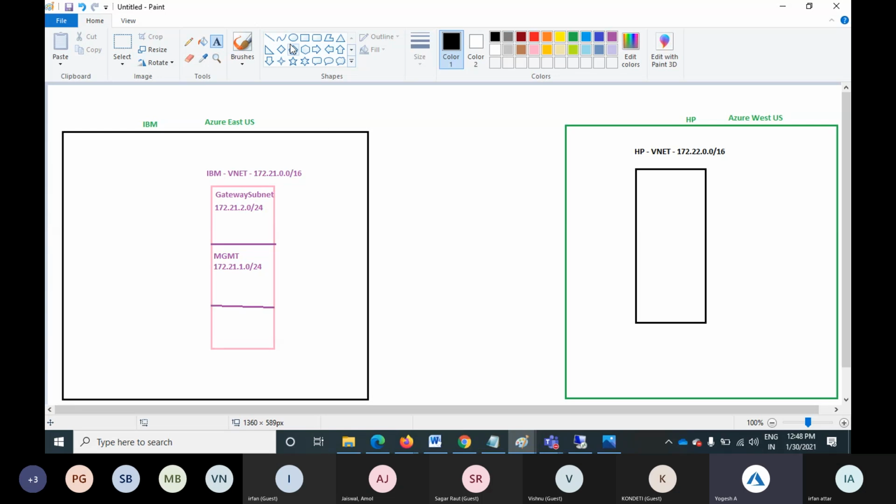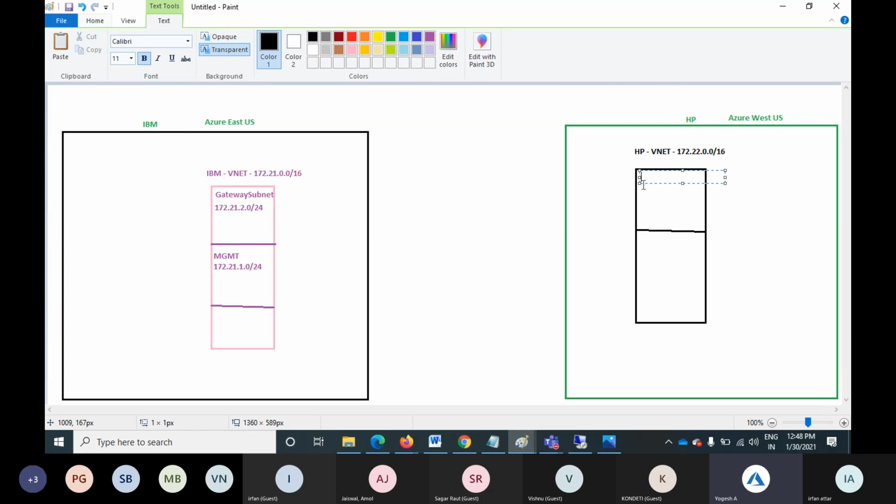Again, I'm going to segregate the VNet into multiple subnets. Gateway subnet, 172.22.1.0/24.